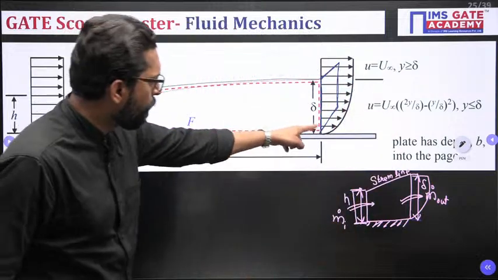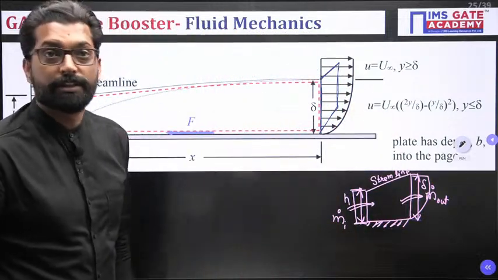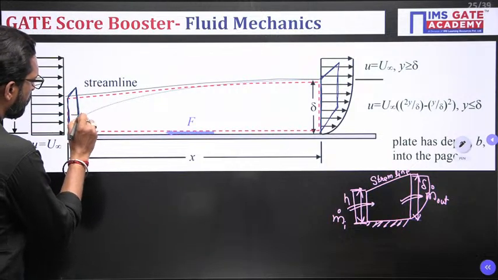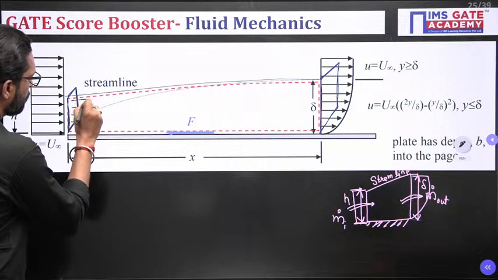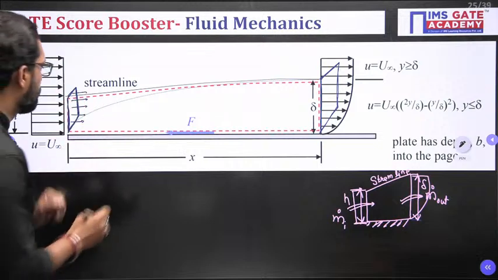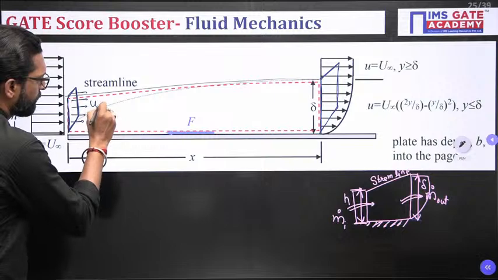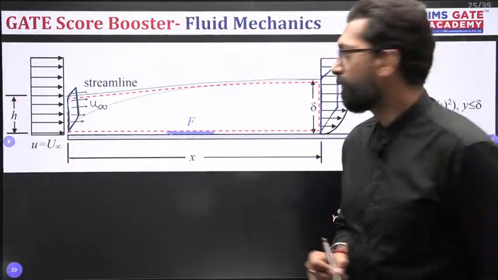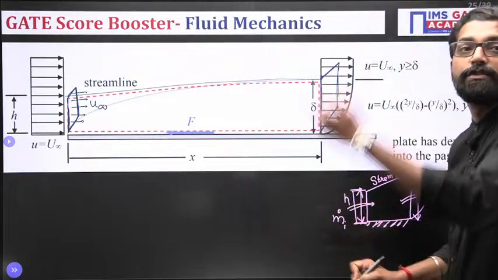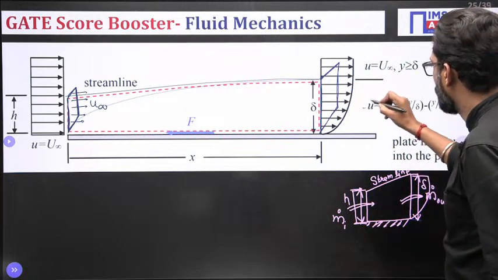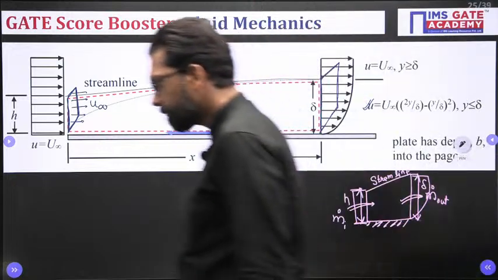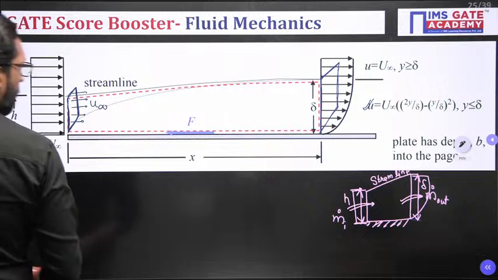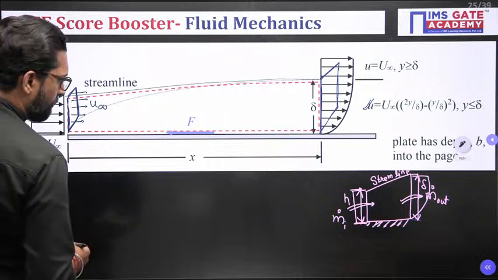That means at every point the velocity changes. But here at all points the velocity is the same, and that velocity is u infinity. But here the velocity changes with respect to y, following a parabolic profile. Okay, this is clear.